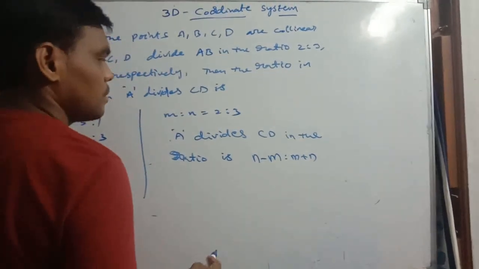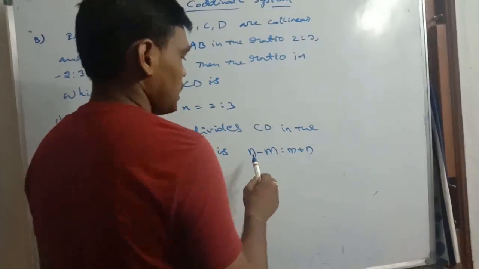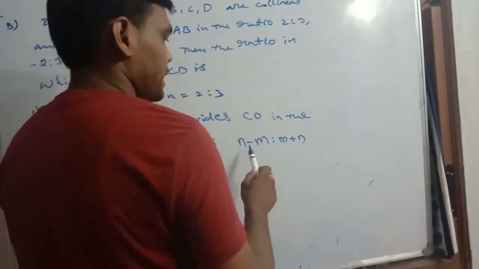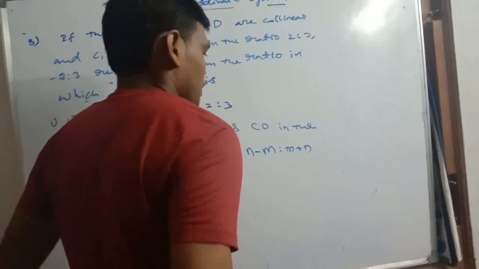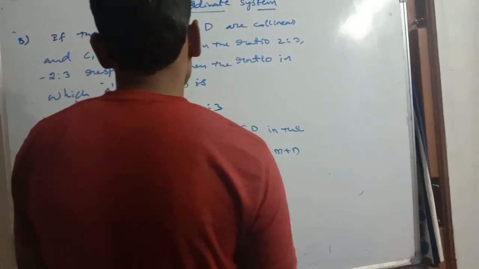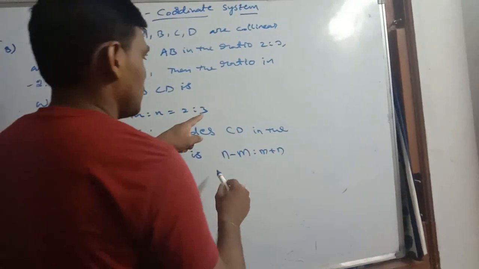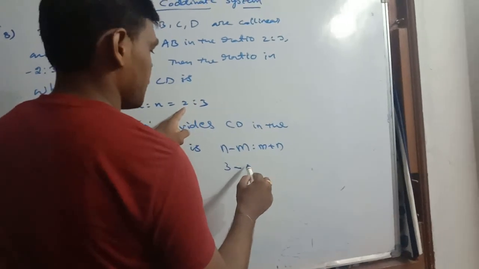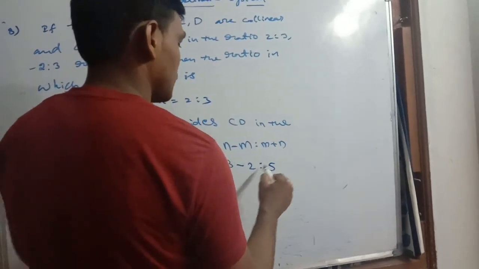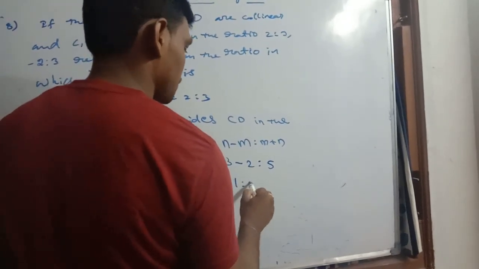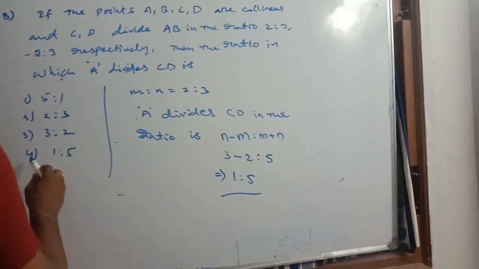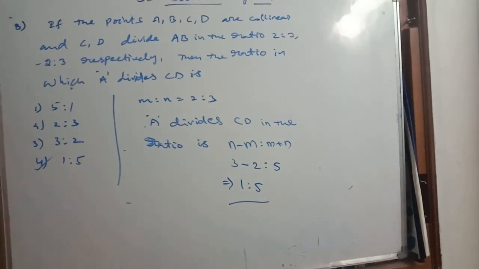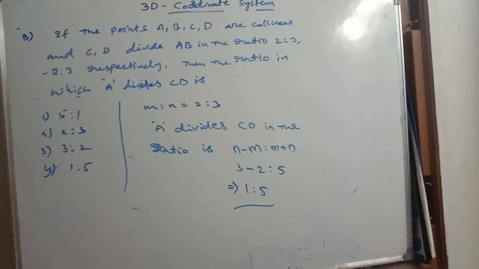Okay, once again, the formula is the ratio n - m is to m + n. Now here, where n is 3 minus m, 2, is to m + n, and this is 1:5. Okay, now the answer is the fourth option, 1:5. Okay, write down.